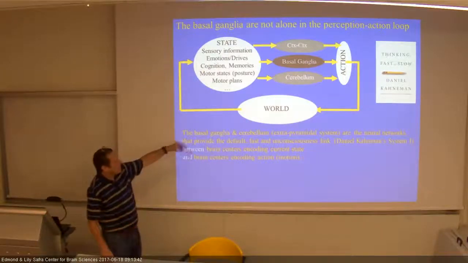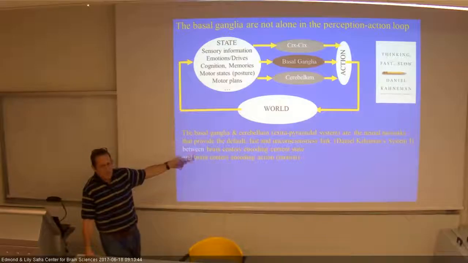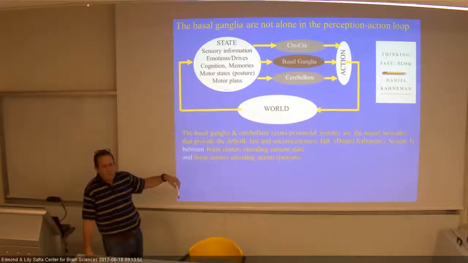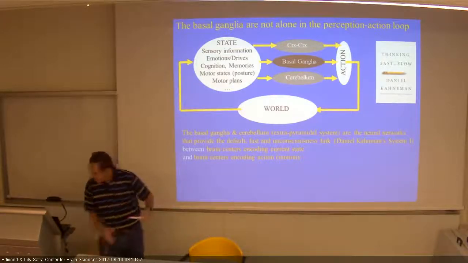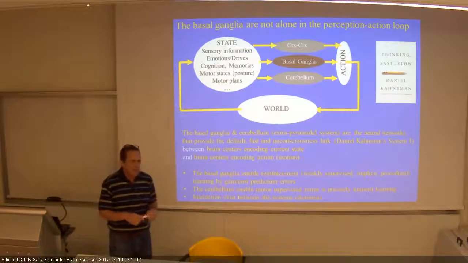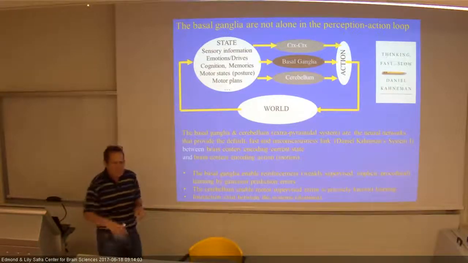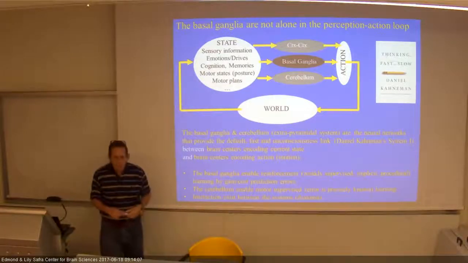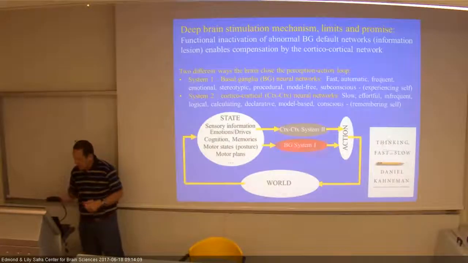So what Daniel Kahneman defined as this automatic, default but unconscious system connects between the brain center that encodes the current state and the brain center that encodes the action. And again, we can make the difference between the basal ganglia and the cerebellum, but this is not important, and more clearly there are connections between the systems. We'll put it aside, okay?